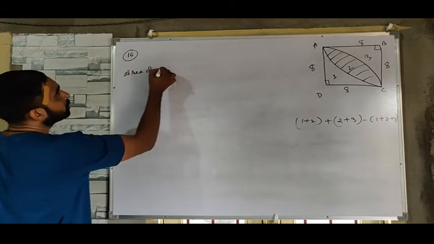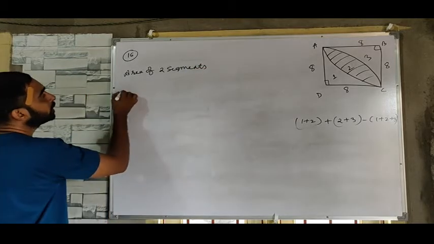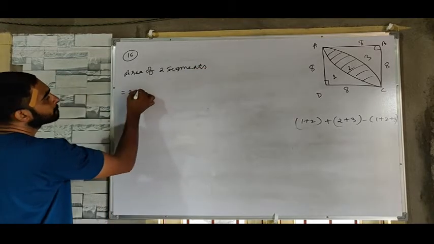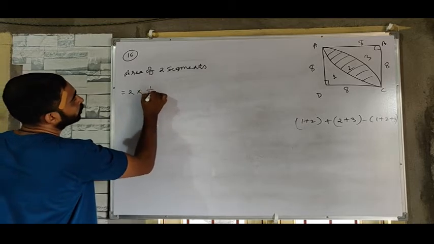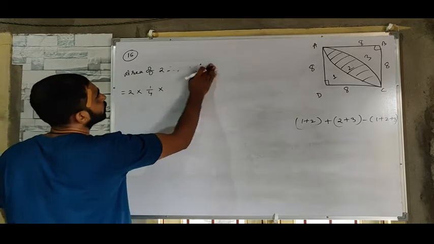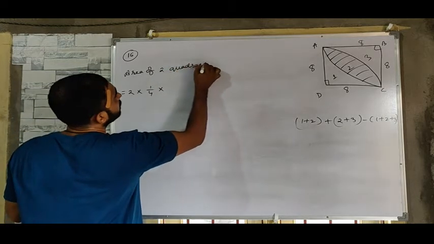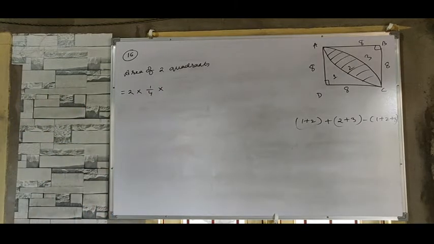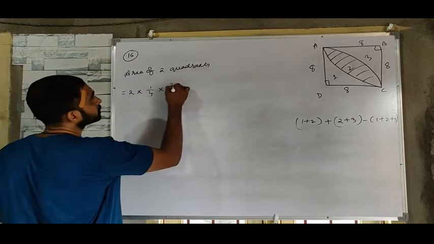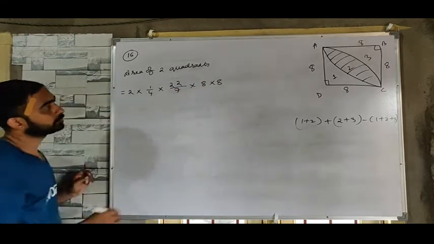Now here, area of two segments equals 2 into 1 by 4 of a quadrant. No, a quadrant, because it makes an angle of 90 degrees. 1 by 4 pi r square. Here pi equals 22 by 7, r square.